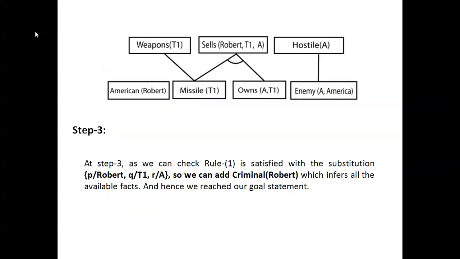Step 3. Weapons moves to missile T1, then sells Robert T1, then owns, and hostile moves from enemy A America. That means in step 3 it moves forward: weapons, missile, sells Robert, owns like that. Here the substitution is satisfied, so criminal Robert is inferred from all the available facts, and hence we reach the goal statement.